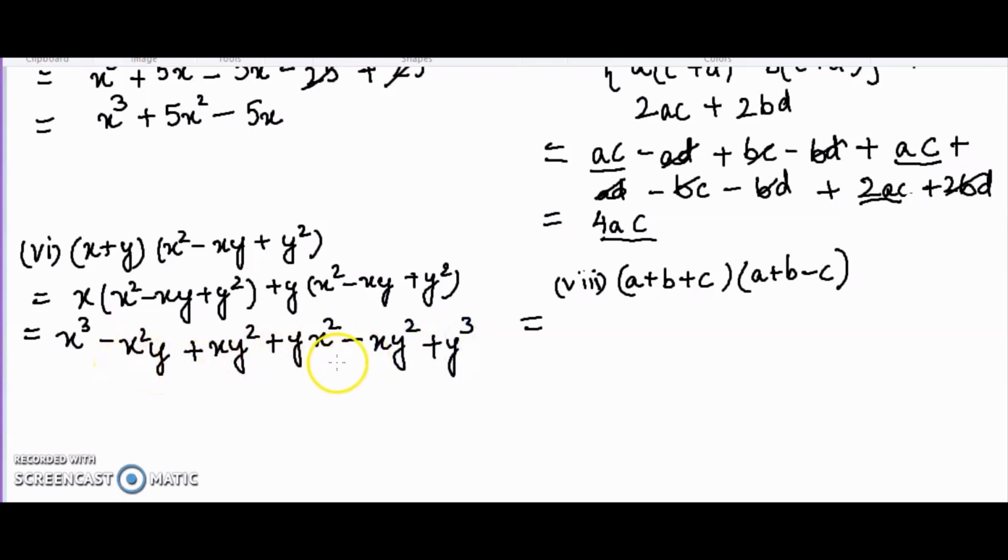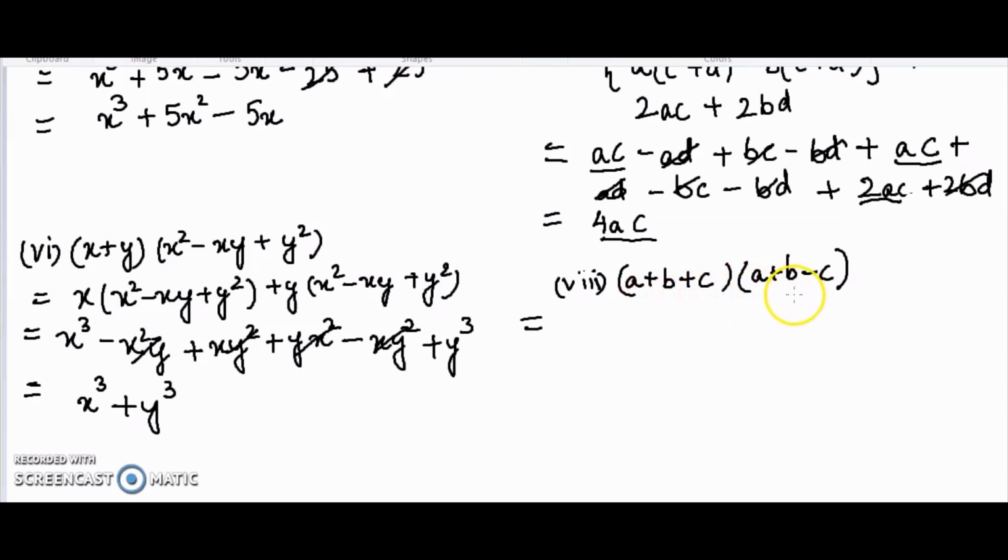Now here if you see the like terms, then x square y I have here and again x square y. Yx square is same as x square y. So this is minus and this is plus, I can cancel it out. Then I have here xy square and minus xy square, so these two also will get cancelled out. So the final answer will be x cube plus y cube.